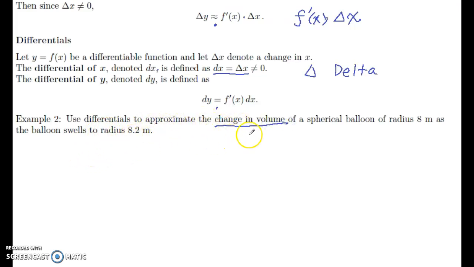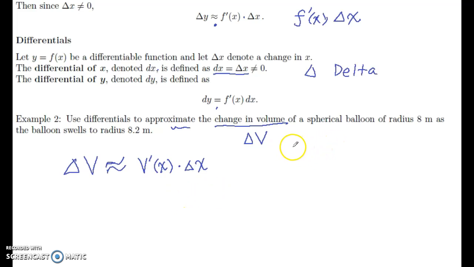According to this formula, the change in volume is approximately f prime of x, the derivative at x, times the change in x.